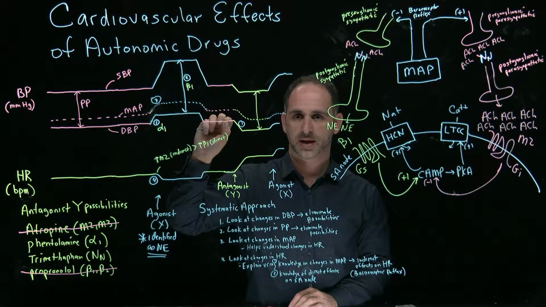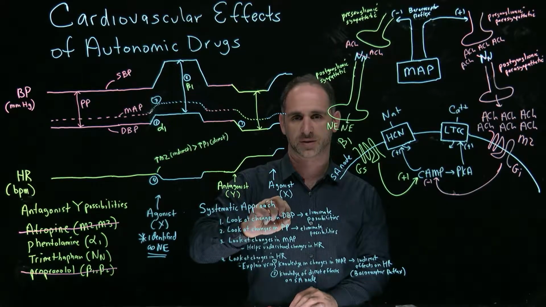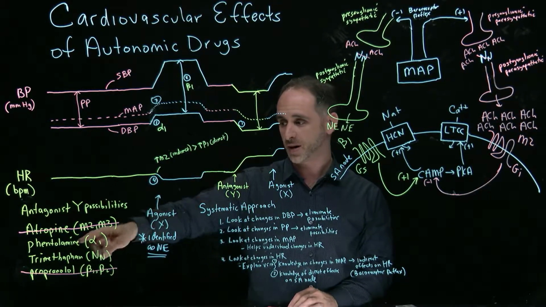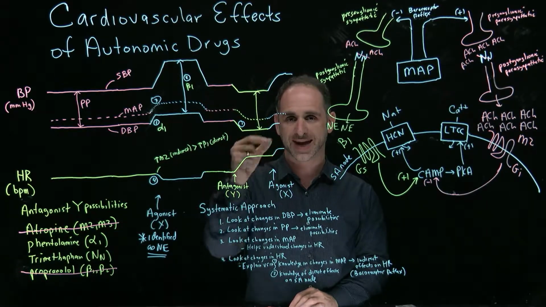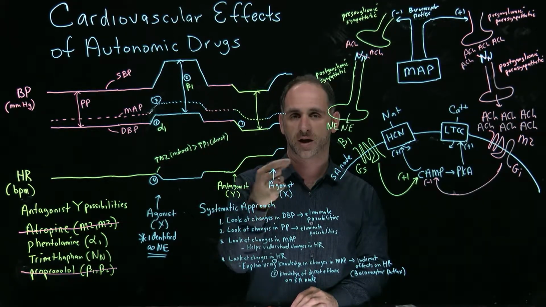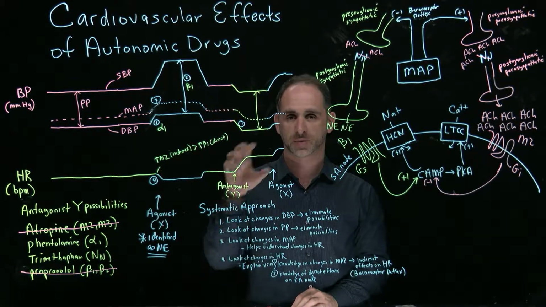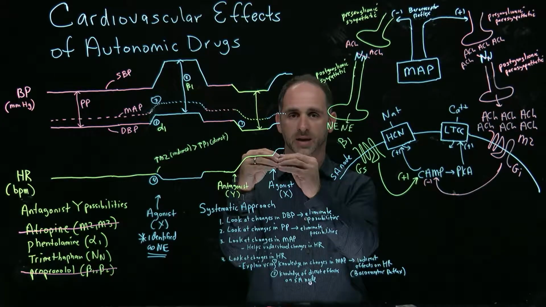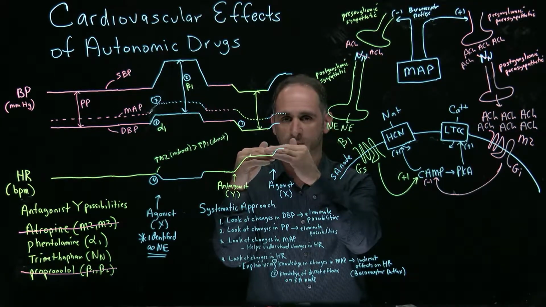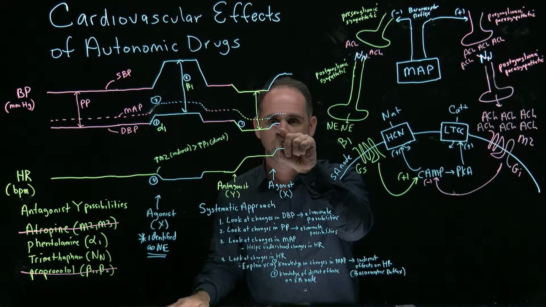Now, if the drug was blocking alpha-1s on blood vessels, and that is the receptor that's possibly what we're considering, we would expect an attenuated effect on the alpha-1 if it was indeed phentolamine. Because when you give norepinephrine the second time, if those receptors are blocked, then the norepinephrine is going to have a harder time activating them. So notice that the change is blunted here.